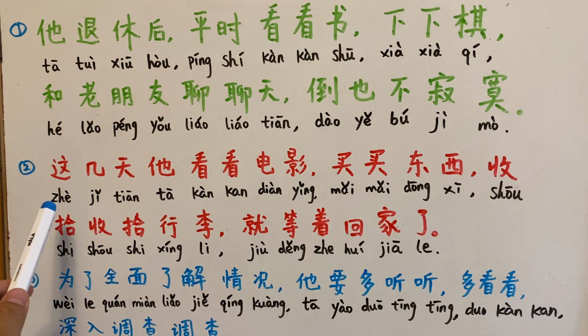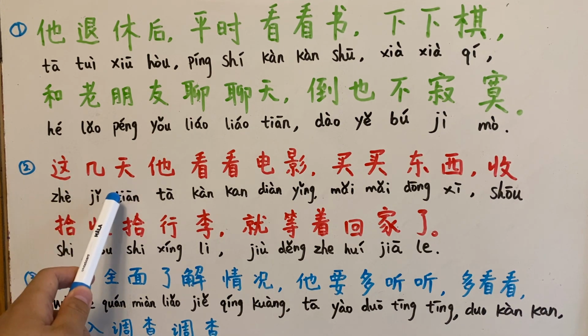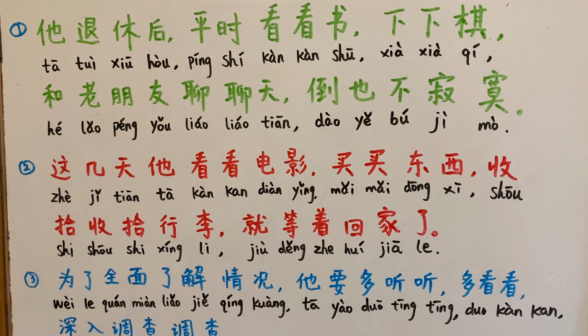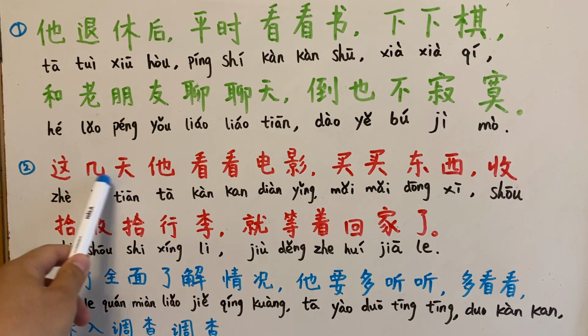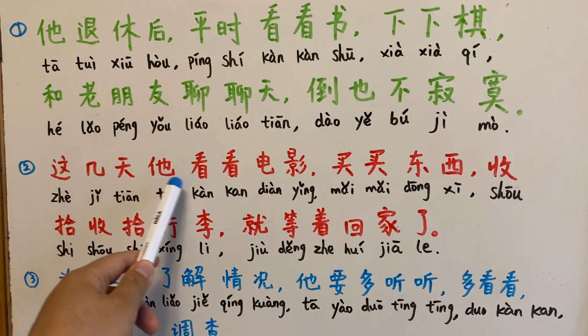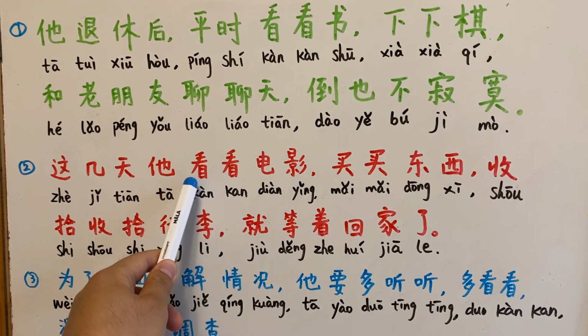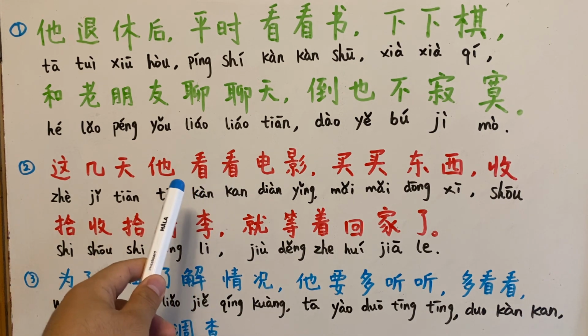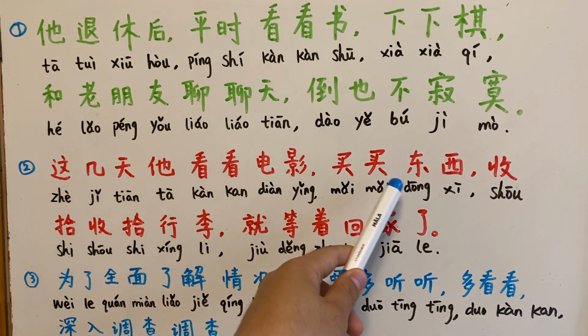And the second one, 这几天他看看电影。这几天, these days, right? 这几天, a few days. 这, these or this. 这几天他看看电影, right? 看看, we have talked about this one. 看看, it's a verb reduplication. 看看电影买东西.